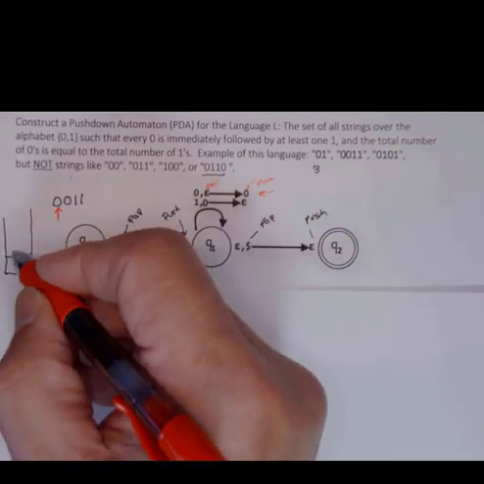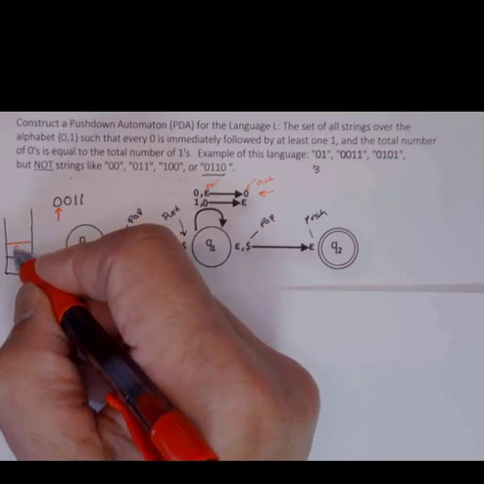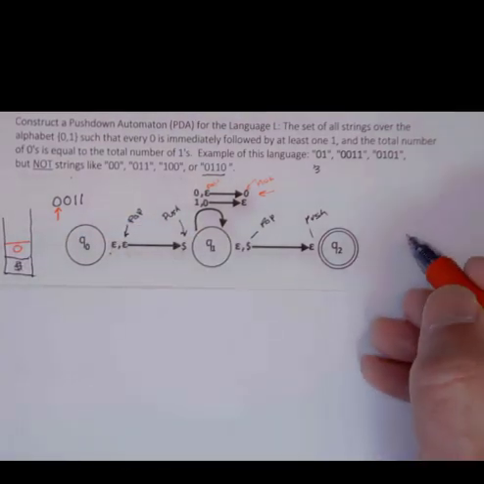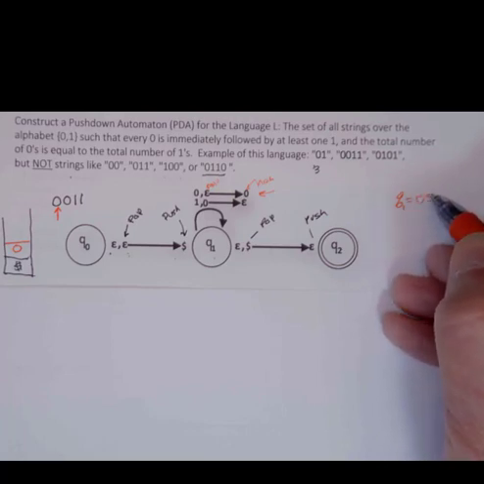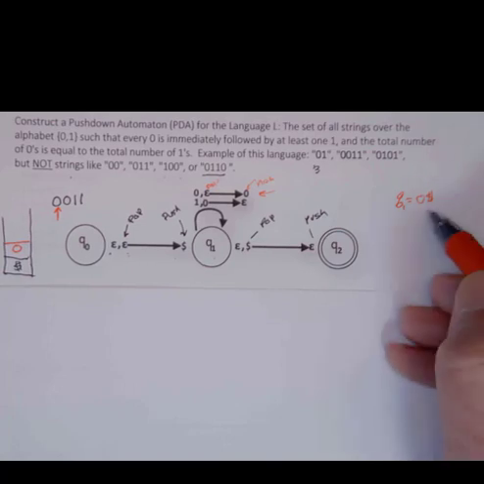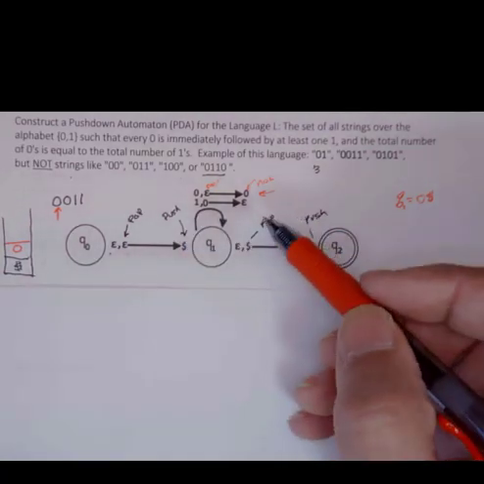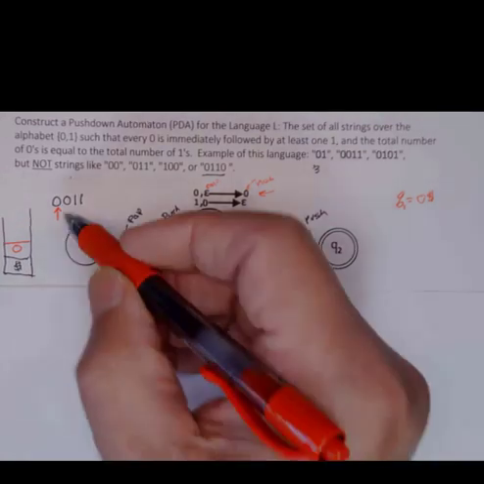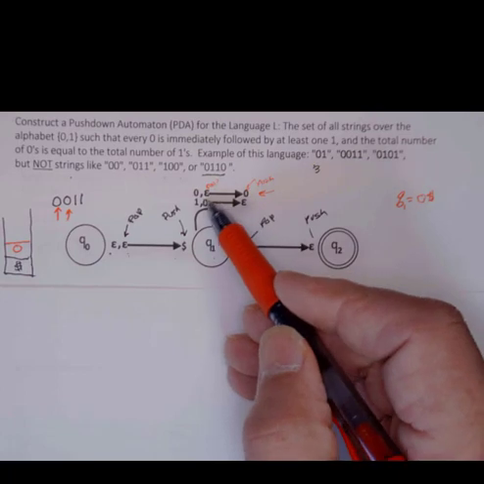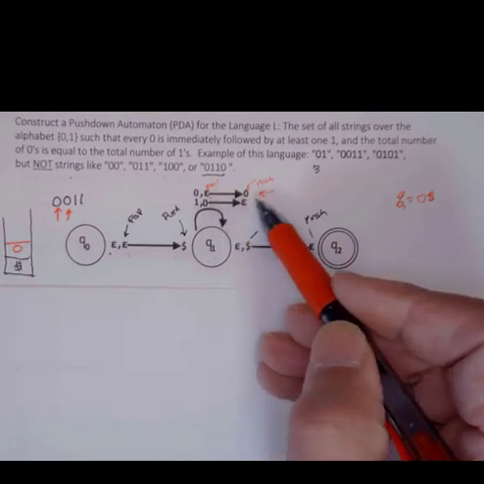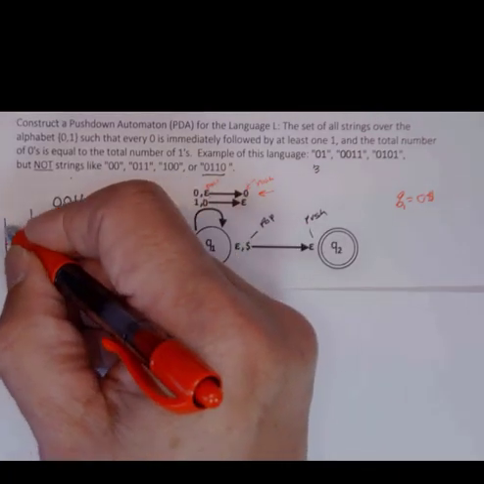So at Q1, we will have in the stack the 0 and the marker. And then as soon as we read the second 0, we do the same action. We will pop an empty string and push the second 0.